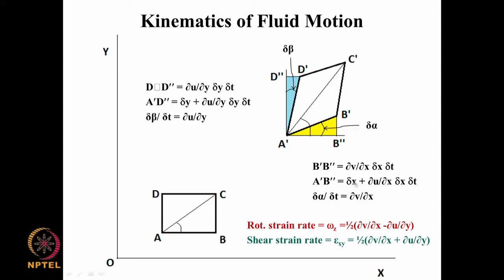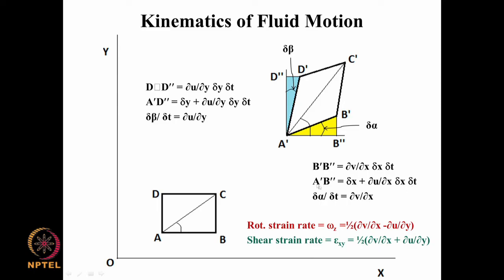Okay. So now in the limiting case of delta t tending to 0, A prime B double prime is the same as AB. Okay. So we can say that this is roughly equal to delta x for small values of delta t. It is all about small values of delta t.